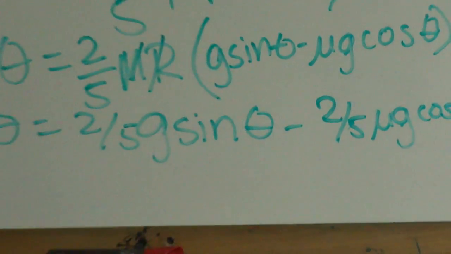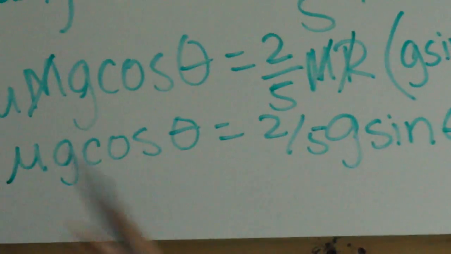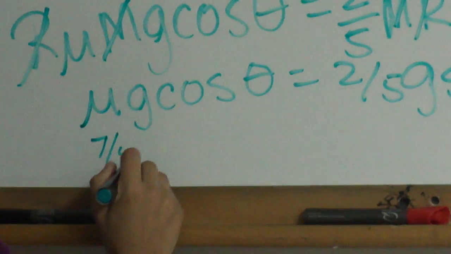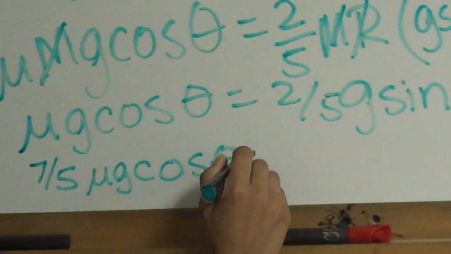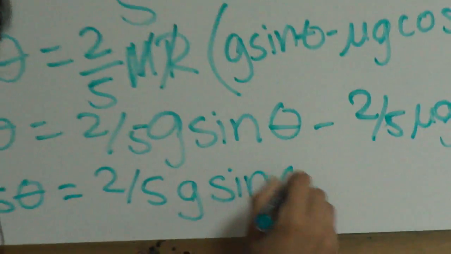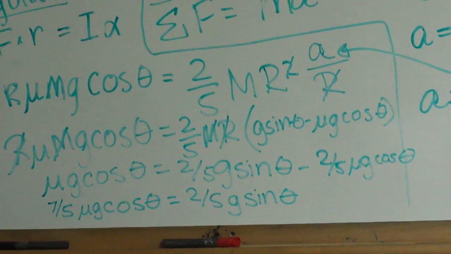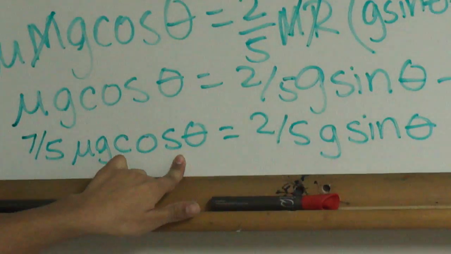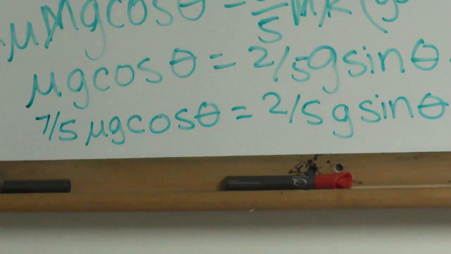All right? We can add like terms onto this side. So 2/5 plus the 1 will give us 7/5. So we have 7/5 mu g cosine theta equals 2/5 g sine theta, right? We can simply divide by 7/5 g cosine theta from both sides, leaving us with what we wanted, the mu.